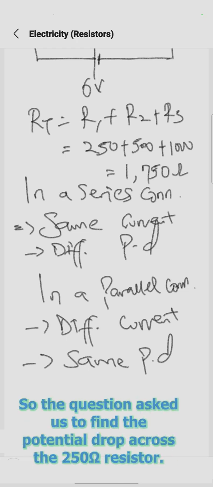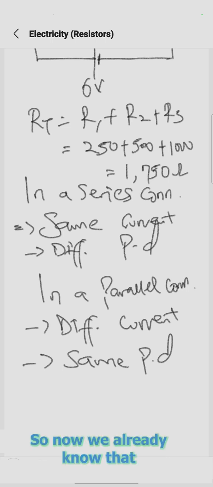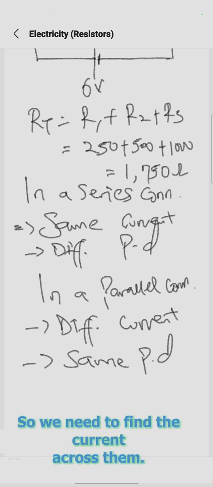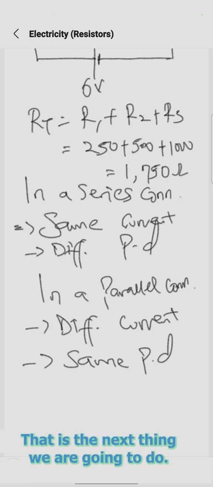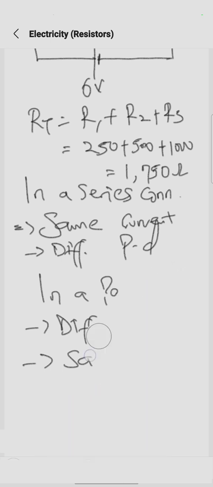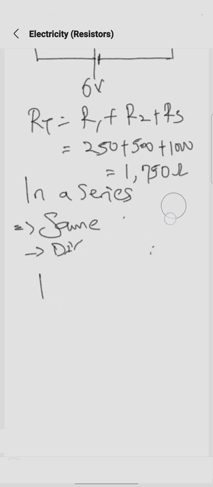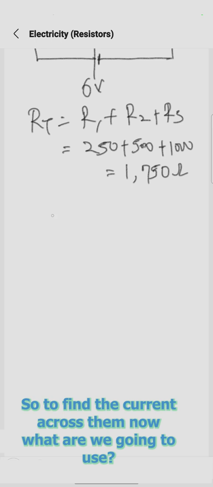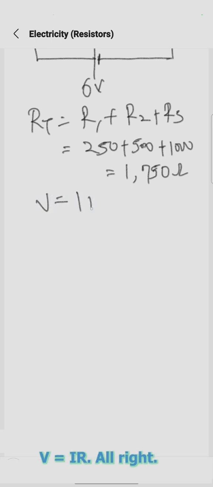So the question asked us to find the potential drop across the 250 ohm resistor. So now we already know that the same current will pass through all of these resistors. So we need to find the current across them. That's the next thing we are going to do. So to find the current across them, what are we going to use? V is equal to IR. All right.